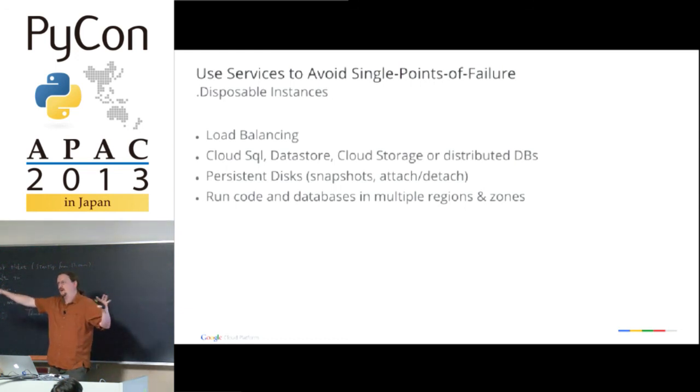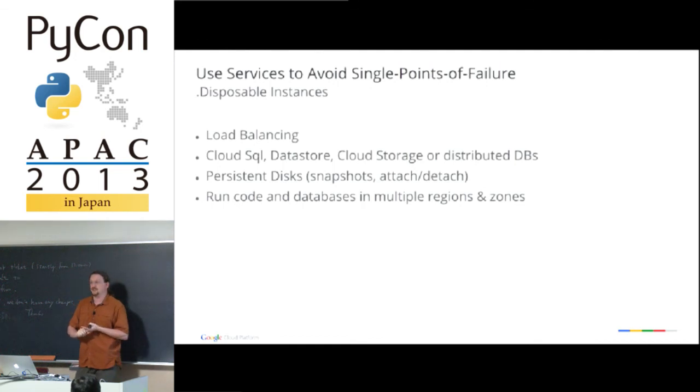It's either spread across all my instances, or you can store data in one of the services that either Google makes available or other people make available. So store that state in the App Engine data store, Cloud SQL, cloud storage. And then if any instance goes down, Google's handling keeping all of those services up, so you don't have to worry about one particular instance.